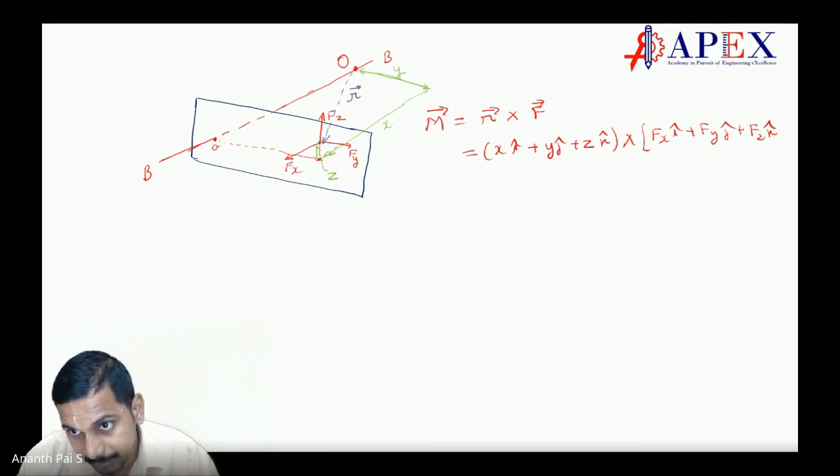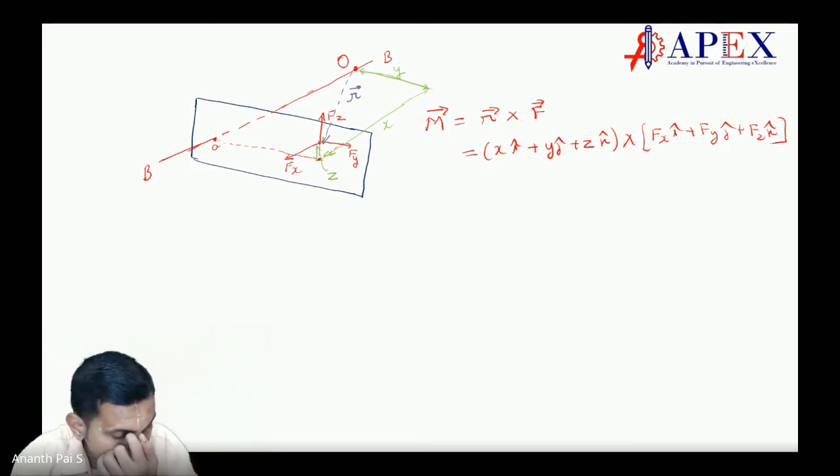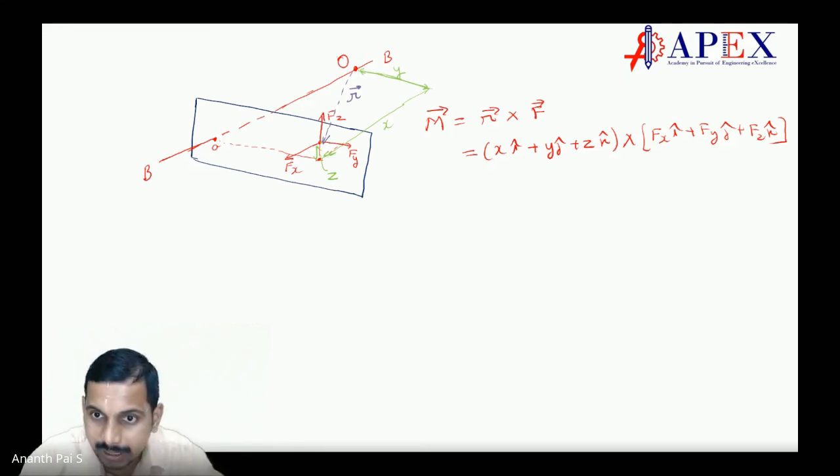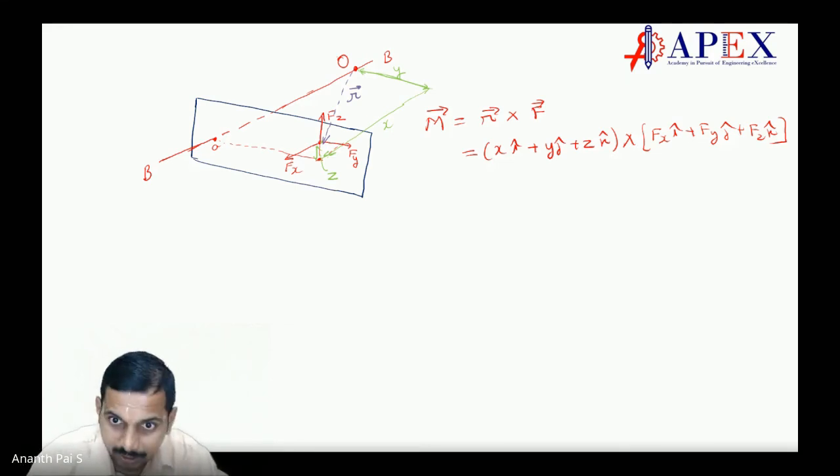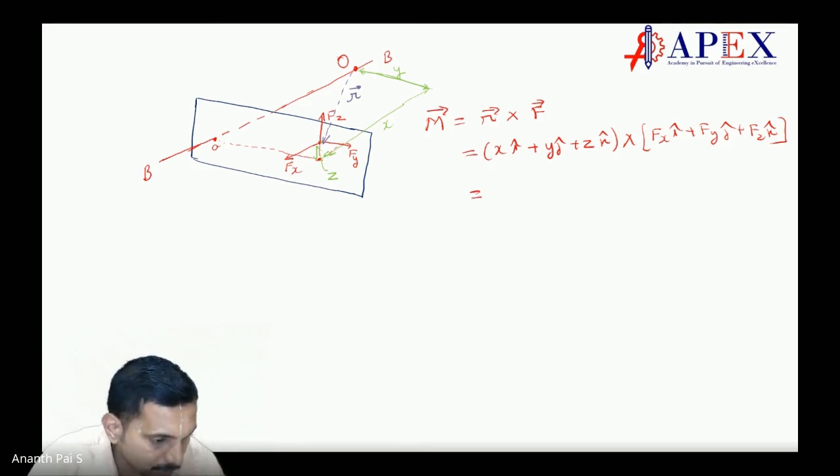Correct. Now let us take the cross product. When we take the cross product, what do we get? I will write directly from the textbook, you can do it later on.